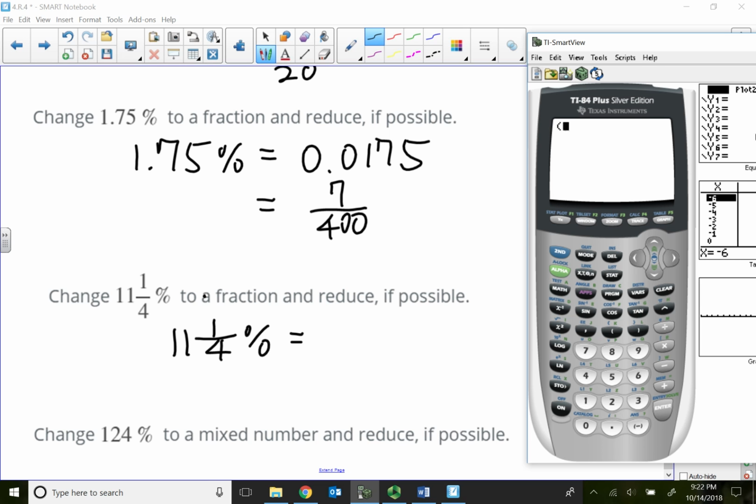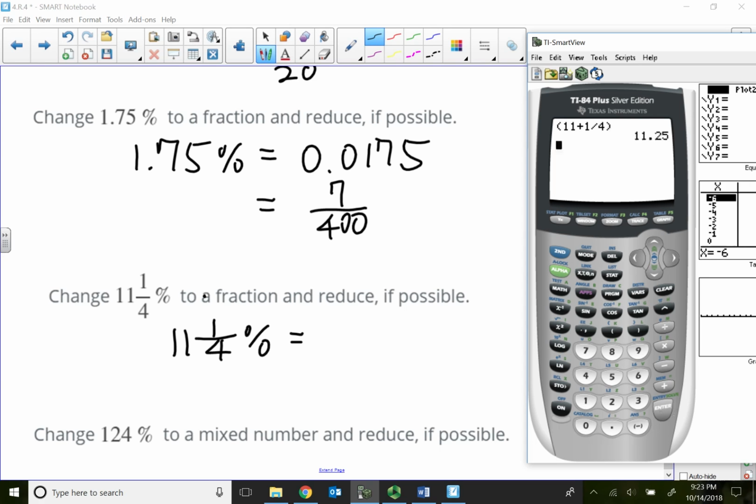So let's start with a parenthesis and say 11 plus 1 divided by 4. I know most of us know 1/4 is 0.25, but I want to purposely show you how to do this as a mixed number in a calculator, just in case you run into some weird fraction portion of this. So 11 plus 1 divided by 4.